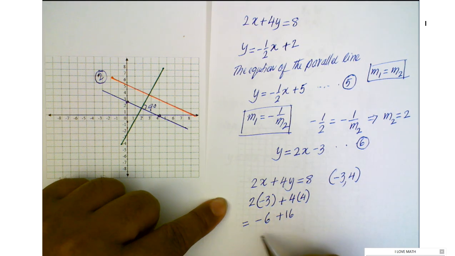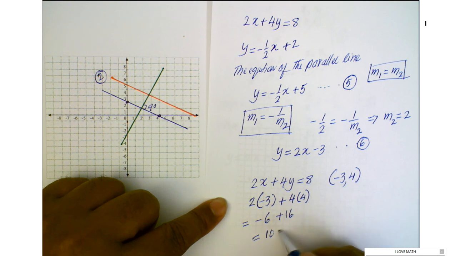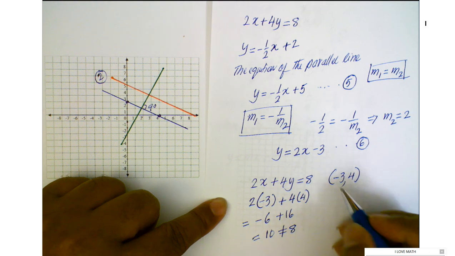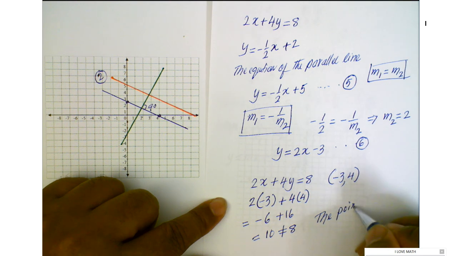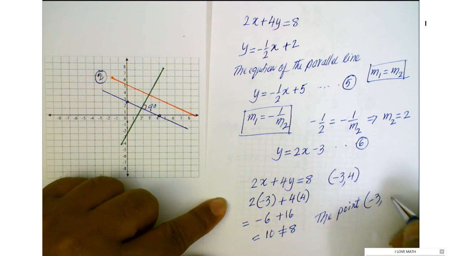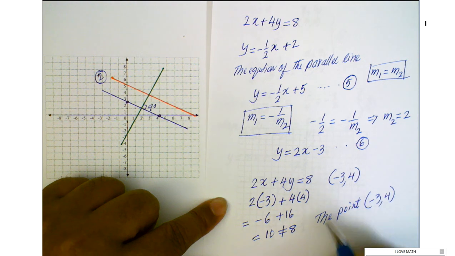So 16 minus 6 is equal to 10. And 10 is not equal to 8. Right? So the point with coordinates negative 3 and 4 is not on the line.